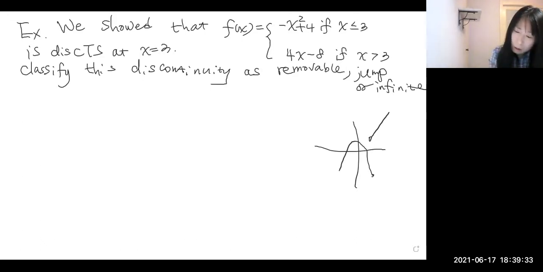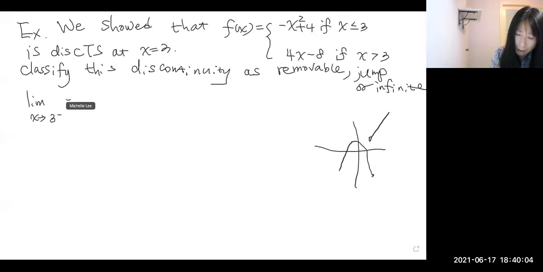All right, so we take the limit as x approaches 3 from the left, and which one are we going to use? Negative x squared plus 4.